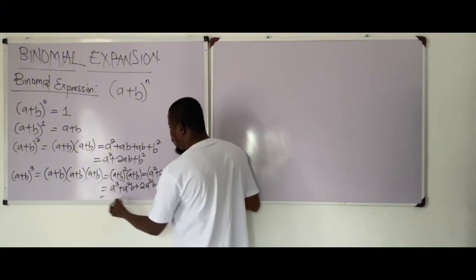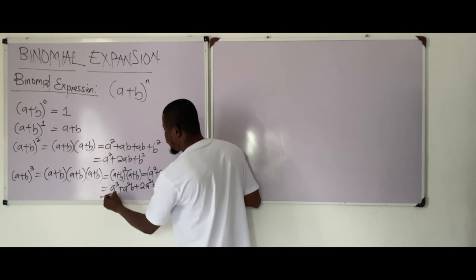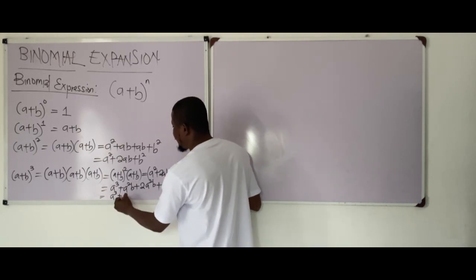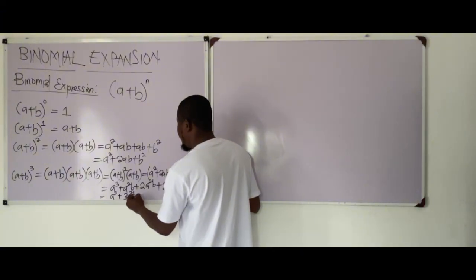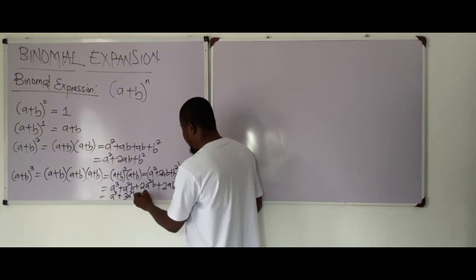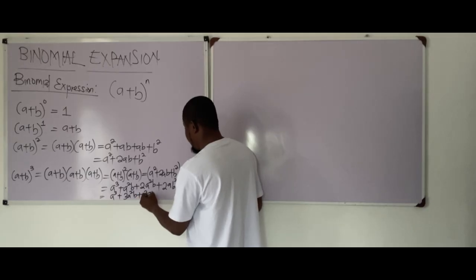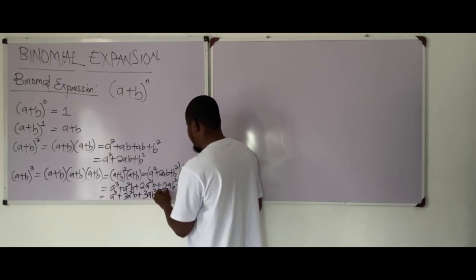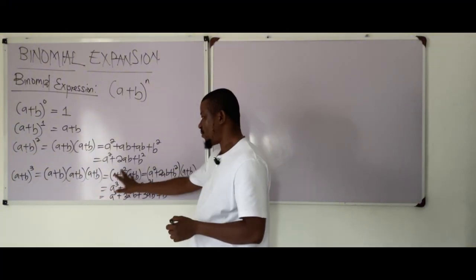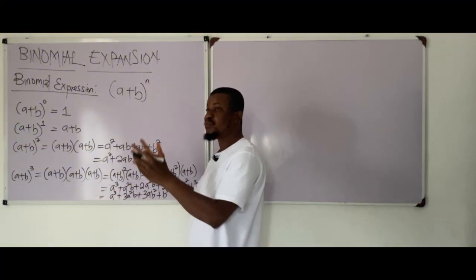Working this out, we have a cubed plus a squared b plus 2a squared b, which is 3a squared b, plus 2ab squared plus ab squared, which is 3ab squared, plus b cubed.